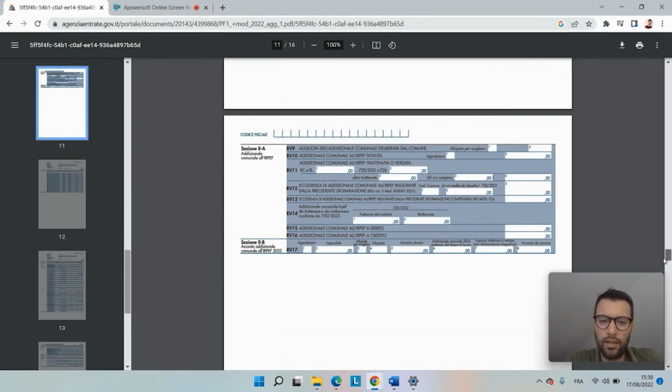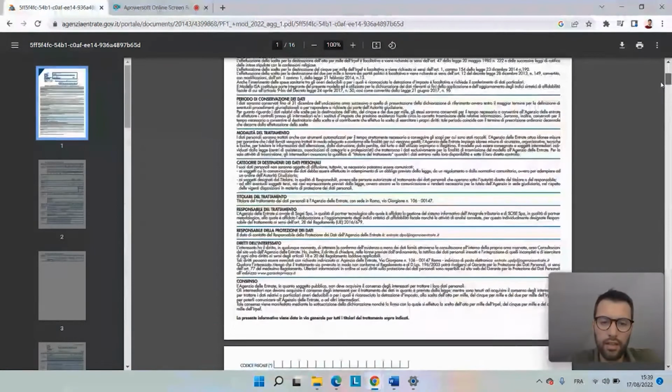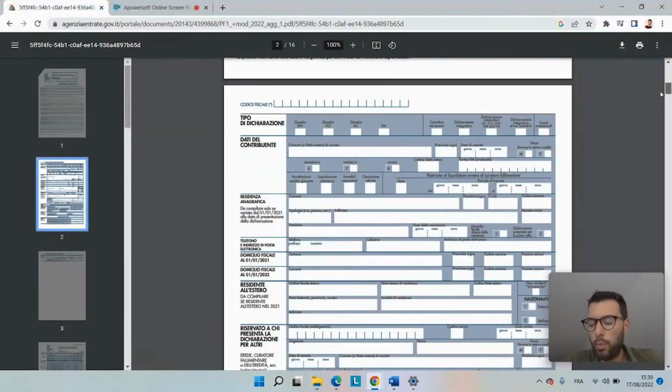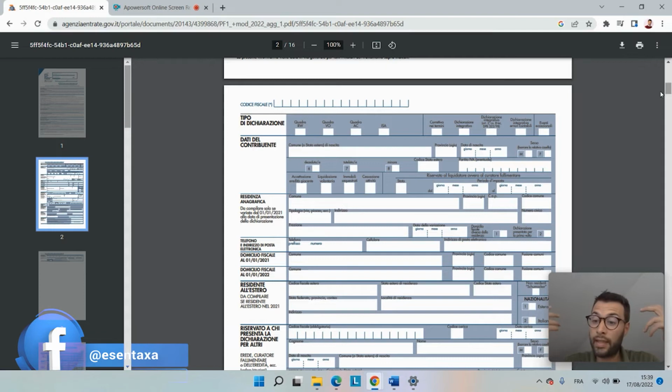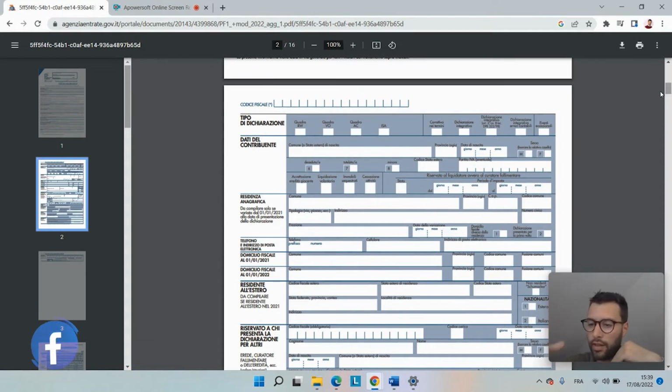So as I was saying, the only difference is that here you have a more complete declaration. But the thing that I wanted to say, because a lot of people didn't understand well, is that if you are only an employee, meaning if you are in Italy and you have only revenues from employment, in this case you have the model 730, which is very straightforward.